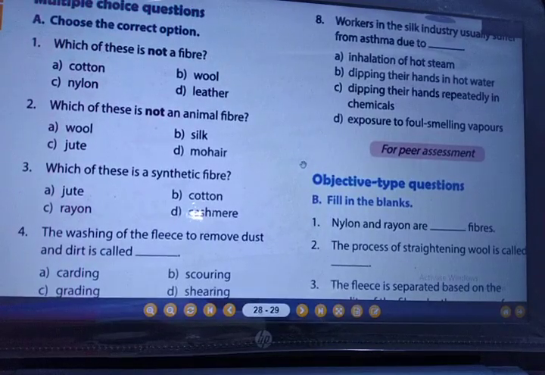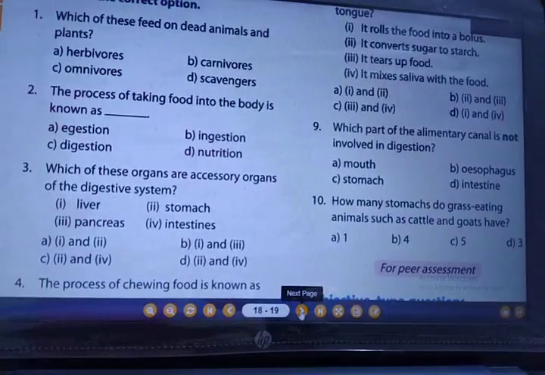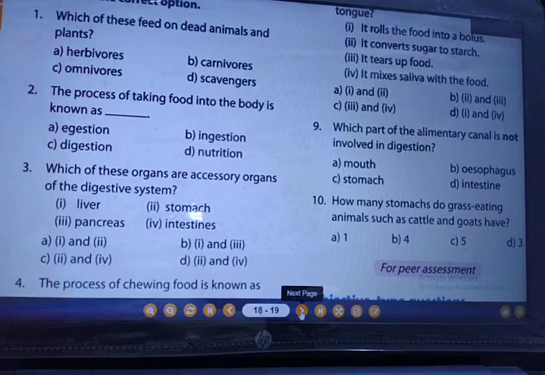Choose the correct answer. First question: which of these feed on dead animals and plants? There are some questions from chapter number 3, but first I am going to give you chapter number 2. The four options are herbivorous, carnivorous, omnivorous and scavengers.